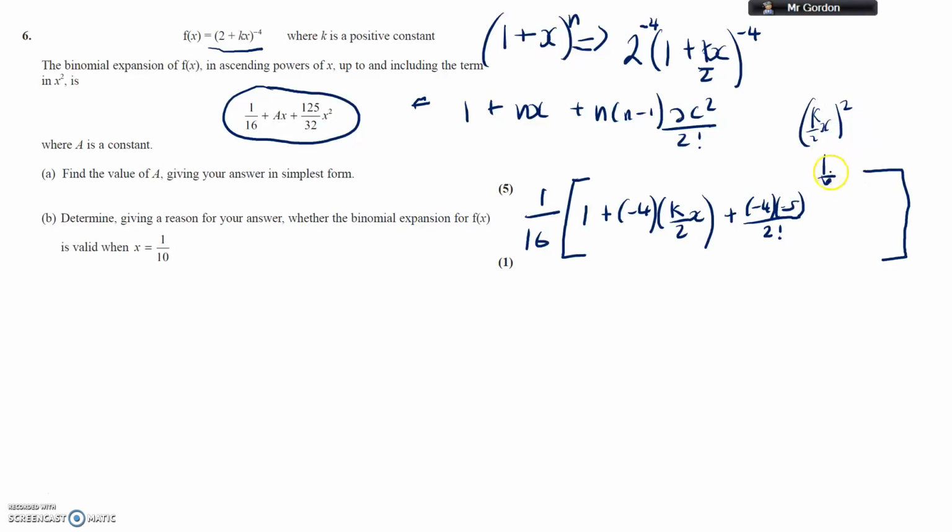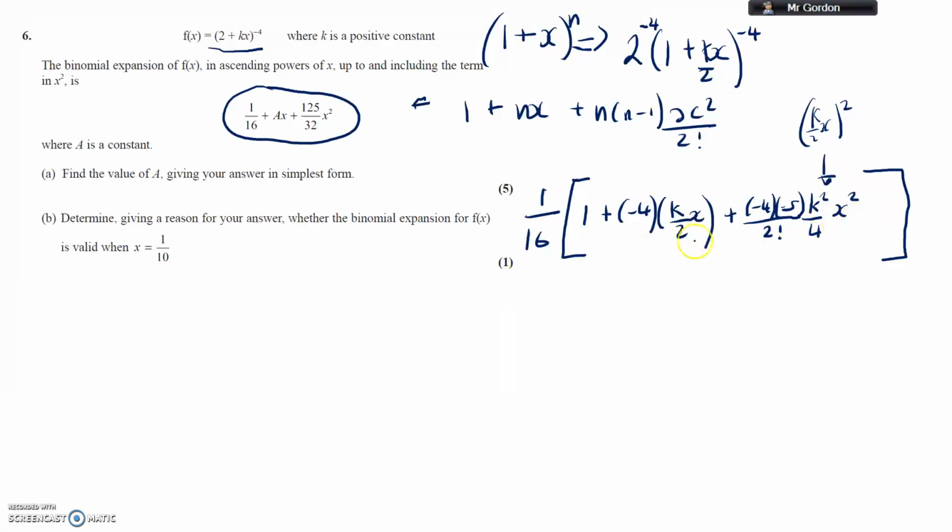Alright, and we know that we've got to square everything in the bracket. This is the problem area because sometimes we just write k over 2x squared here. That's not what we're after, we need to square the k over 2. So k over 2 times k over 2 is k squared over 4. And then we have our x squared.